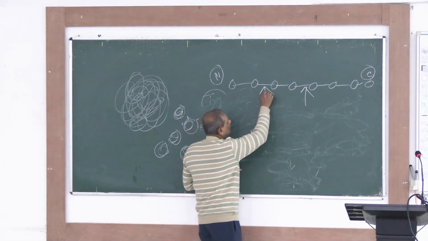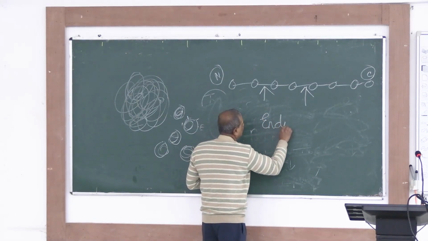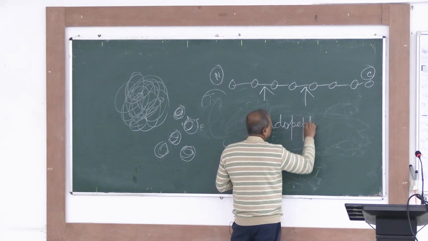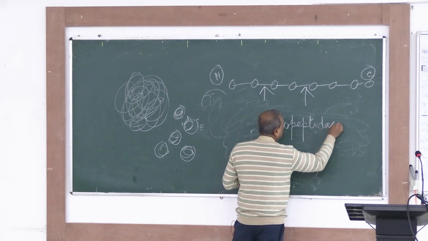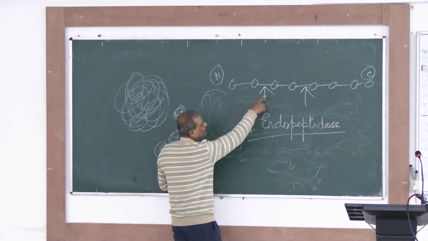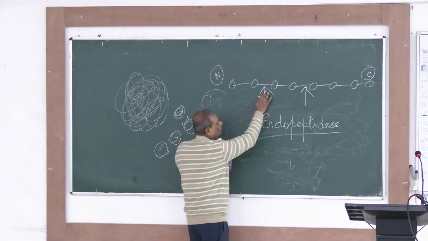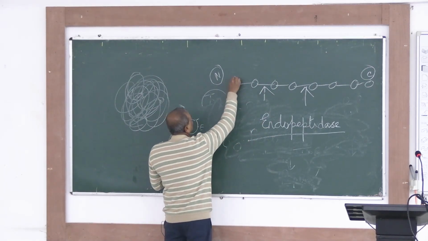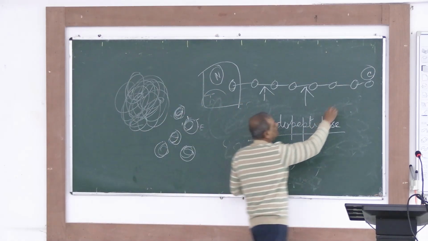The enzymes which break down the internal bonds are called endopeptidases. The enzyme which cleaves the internal bond of the peptide chain, this is endo. And at the ends, there are two extreme terminals, one is the N terminal and one is the C terminal.